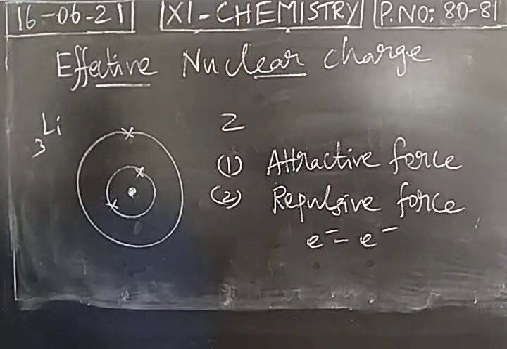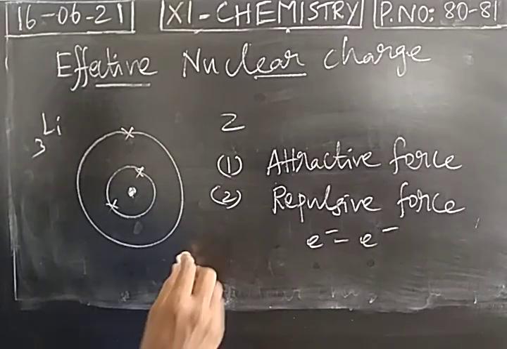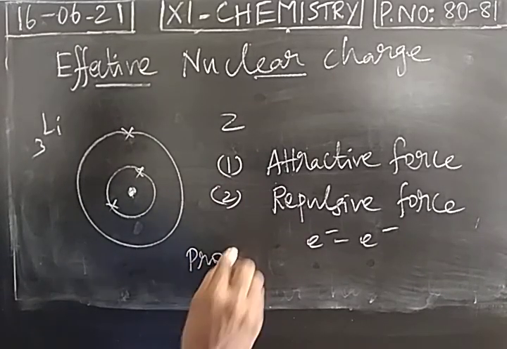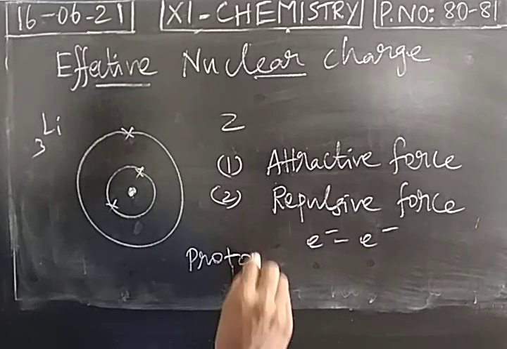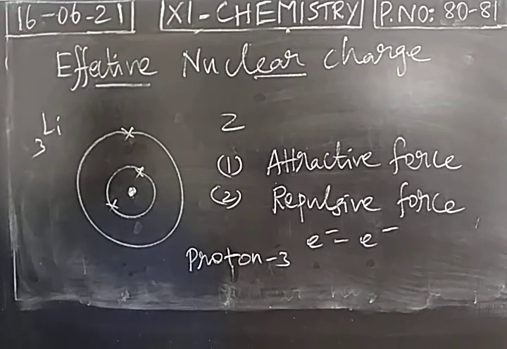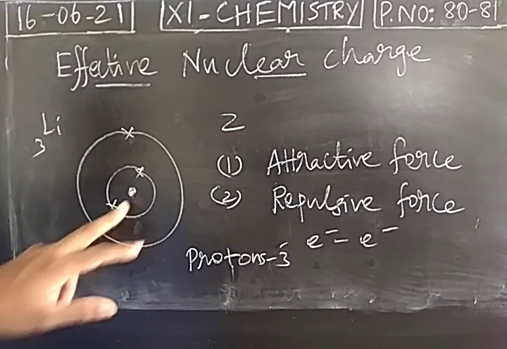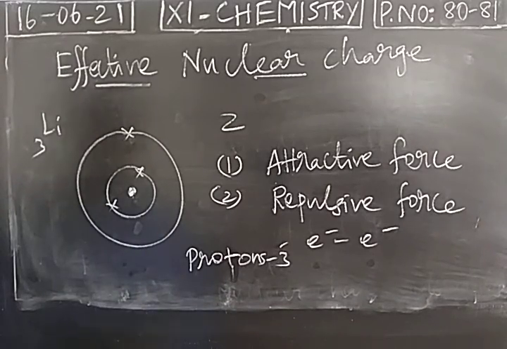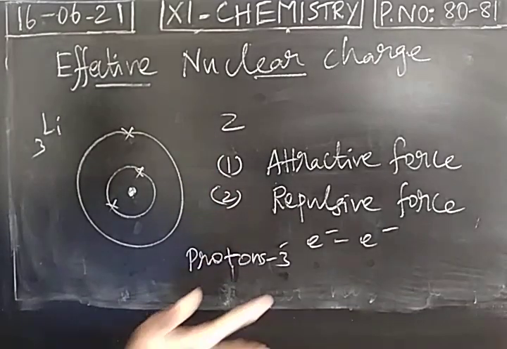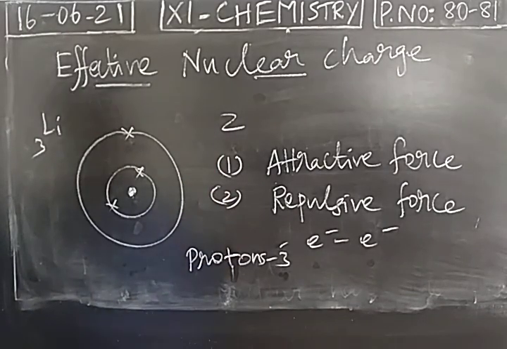When you consider the nuclear charge, lithium has three protons, isn't it? Inside the nucleus of lithium, 3 protons are present. So we can say nuclear charge is 3. Atomic number 3, number of protons also 3.